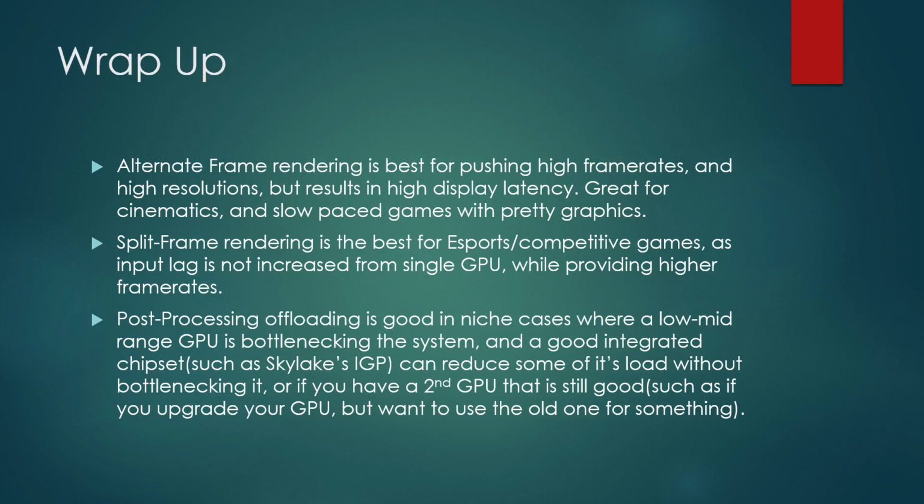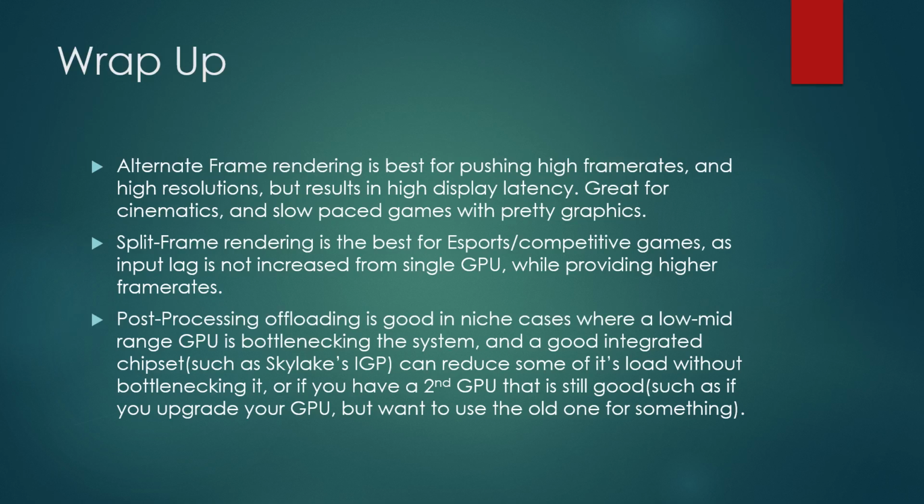So it's really good for cinematics, and it's really good for slow-paced games that you want to look really cool, where you don't care about those few extra milliseconds of delay on the screen. I mean, if you just want the game to look pretty and you want it to look smooth, alternate frame rendering is pretty good. But once again, I would not recommend it for competitive games, just because that increased delay can really mean a lot, especially in first-person shooters, because seeing that person even a 20th of a second later could mean losing the game and dying.